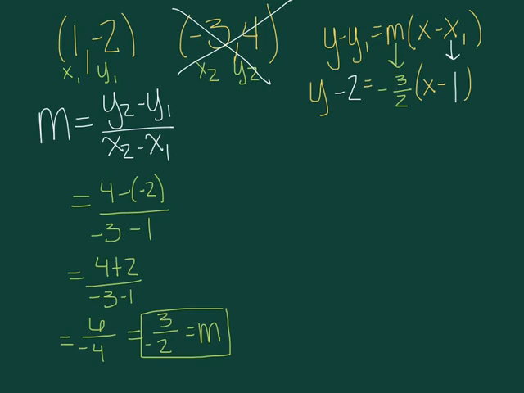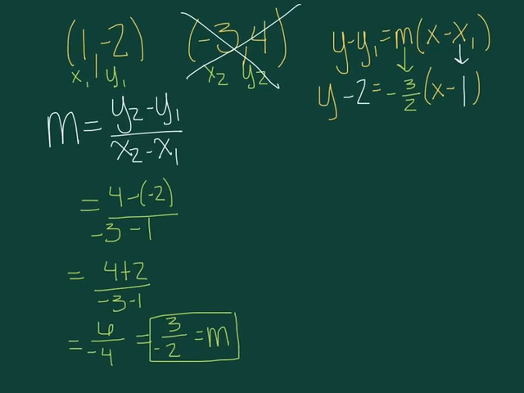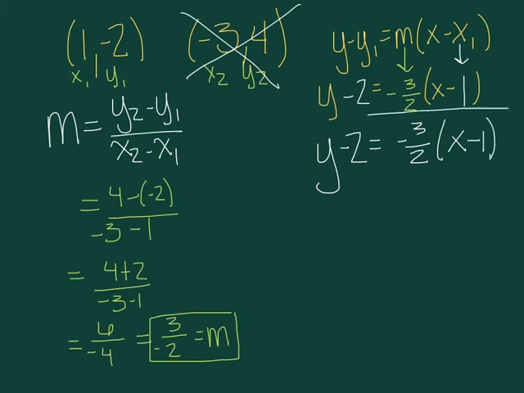So we have y + 2 equals a negative 3 halves times the quantity x minus 1. And there we have point slope form. A single point and the slope, even though we were given 2 points to begin with.